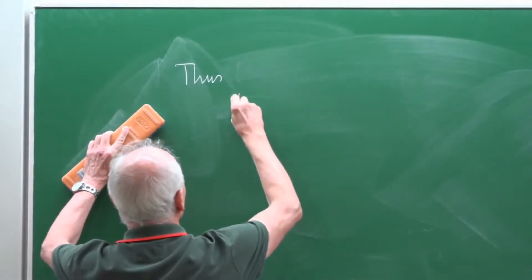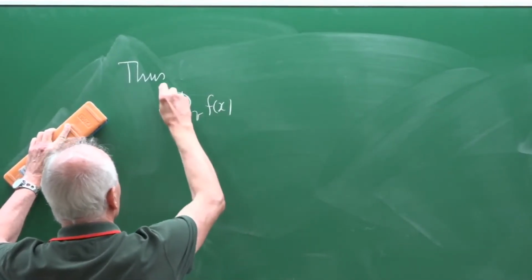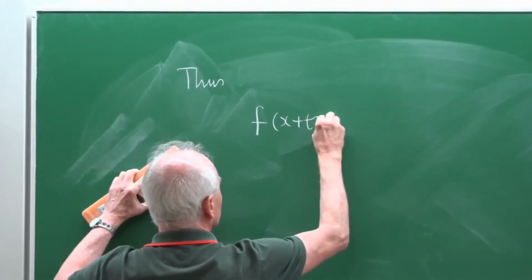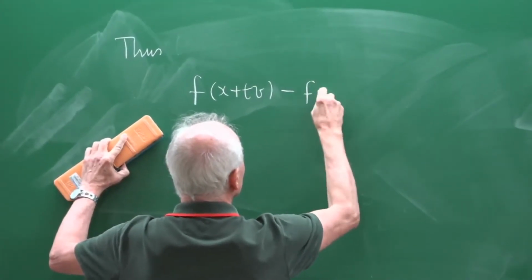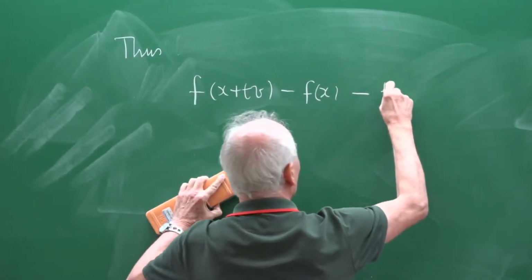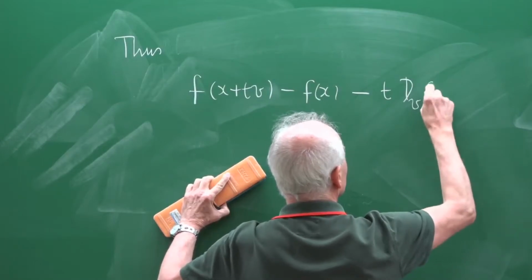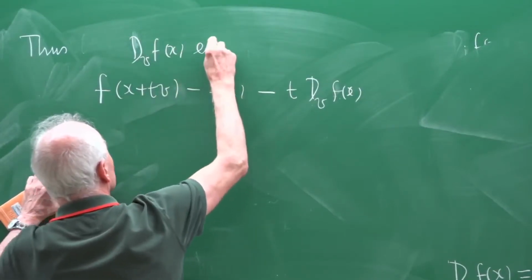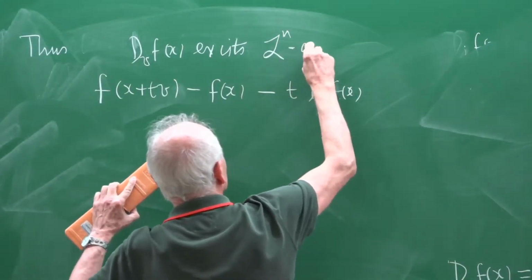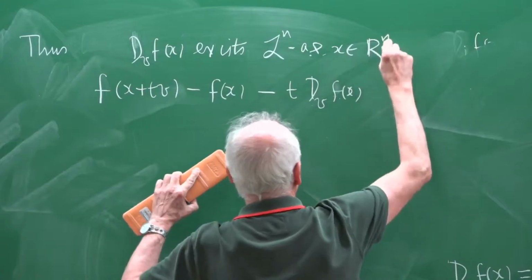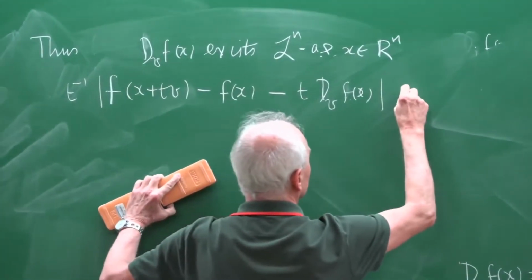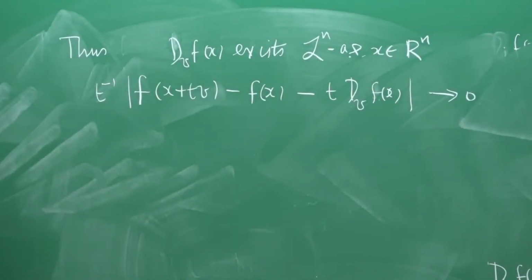Thus, the absolute value of f(x plus tv) minus f(x) minus t times the directional derivative D_v f(x) exists for Ln almost every x in Rn, and by definition of directional derivative, that means this guy, times t to the minus 1, tends to 0. So we'll make use of that.